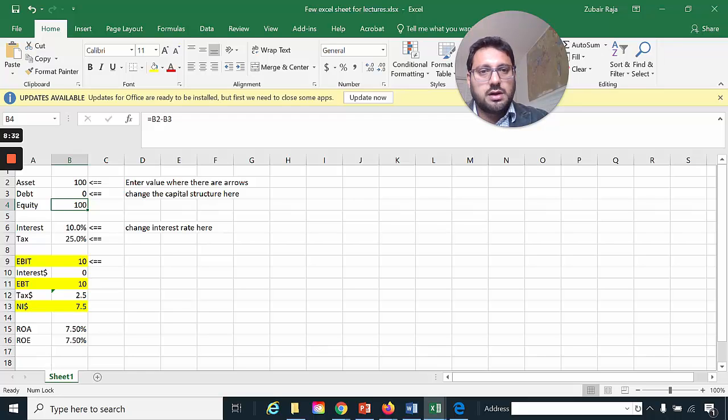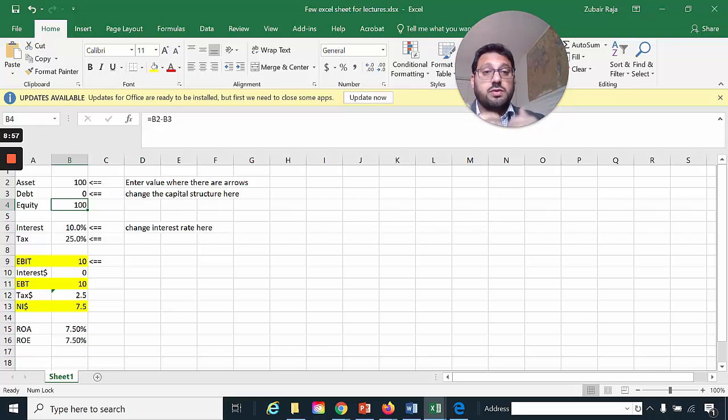If with zero debt, your ROA is equal to the after tax cost of debt, that is the limit. If your interest rate goes up, it means you will start contributing more from your return on assets towards paying the interest payments, and you will start squeezing your ROA.